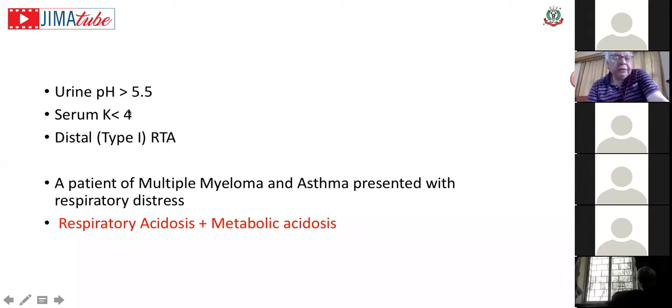So this patient, if you look at the entire case, a multiple myeloma with asthma presented with distress, has respiratory acidosis, maybe due to asthma, maybe dyspnea due to metabolic acidosis, and has a non-anion gap metabolic acidosis due to type 1 RTA.